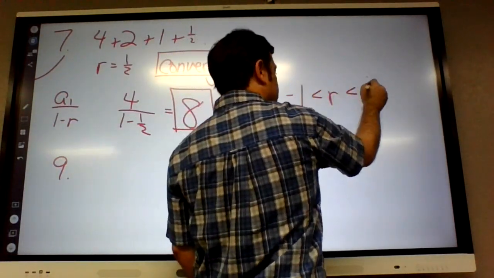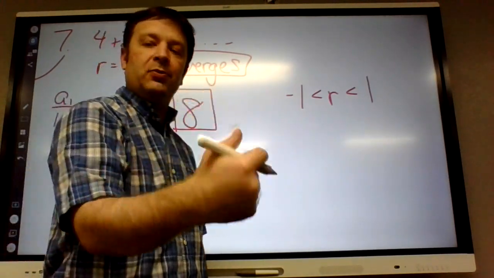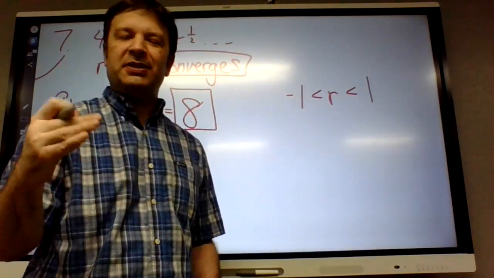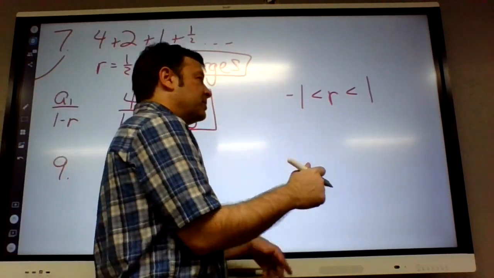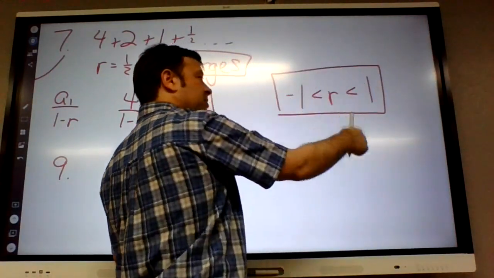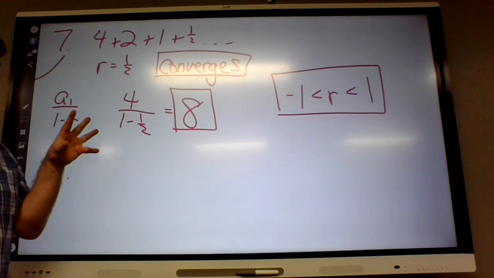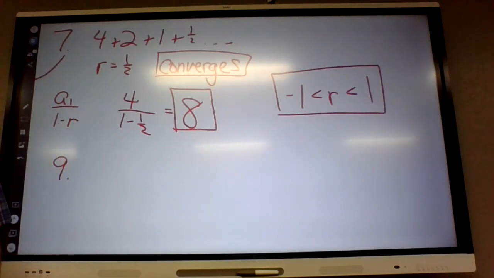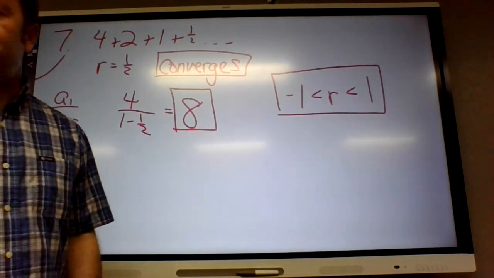The answer is no. The sum is going to jump back and forth between 1, 0, 1, 0, 1, 0. It's not approaching anything, just jumping back and forth between two numbers. So for it to converge, the common ratio has to be between -1 and 1. The value that you're adding has to get smaller, so the common ratio has to be a fraction.